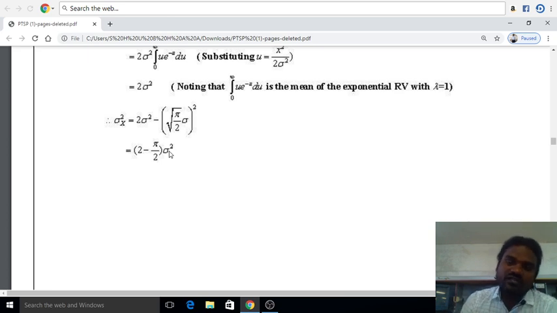From this equation also we conclude one point: the parameter of the random variable is directly proportional to the mean and the variance, so as the parameter value increases, the mean and the variance values also increase. Otherwise, if the parameter of the Rayleigh variable decreases, the mean and the variance also decrease.